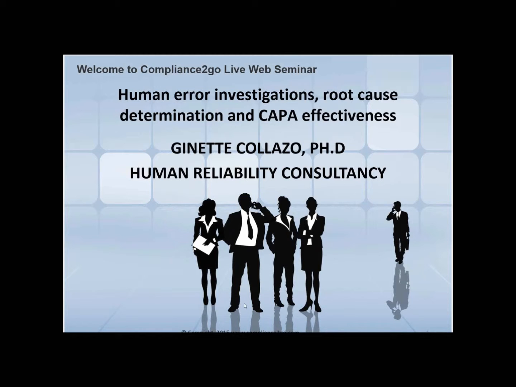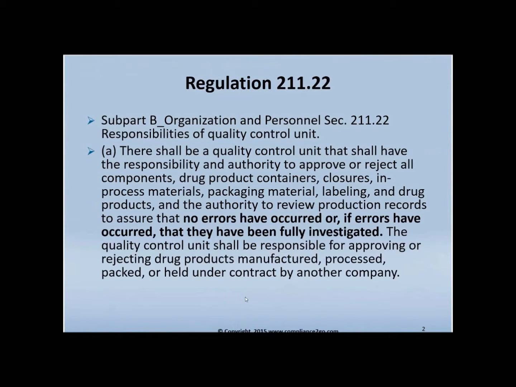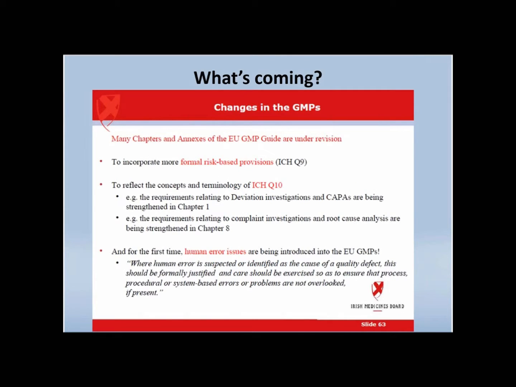All right, so first of all, I would like to start by talking a little bit about the regulation. I selected Subpart B, Organizational Personnel, Section 211.22, which is the responsibilities of quality units.